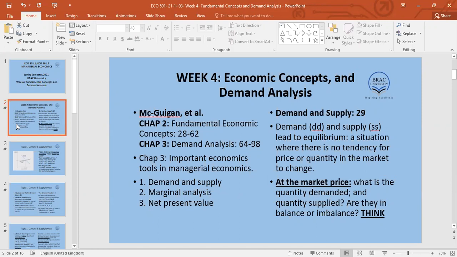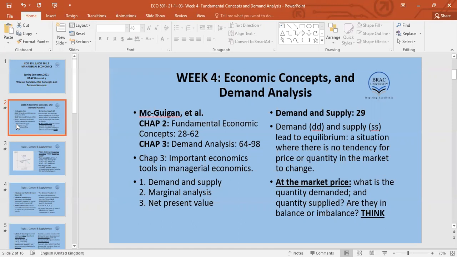Balance of demand and supply leads to what we have termed in previous weeks as an equilibrium. An equilibrium is a situation where further change is not possible, it's not desirable. So, at a particular market price, that's the common signal for households and the sellers.